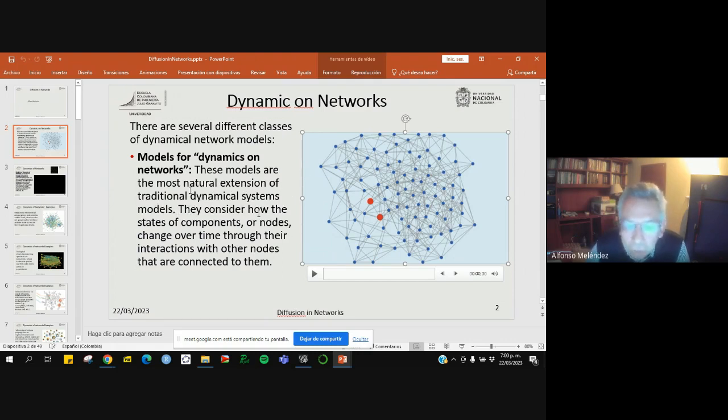They consider how the states of components or nodes change over time through their interactions with other nodes that are connected to them. The nodes have states. For example, in a disease, a sick person, a recovered person, they have states. Is this clear?